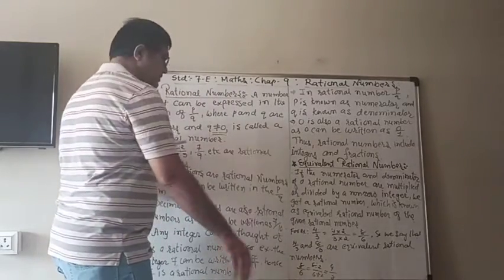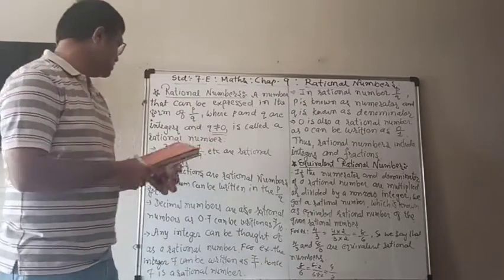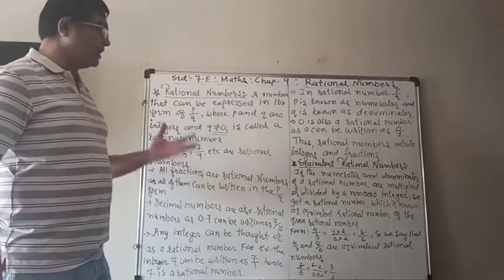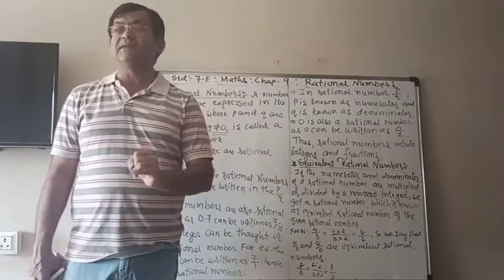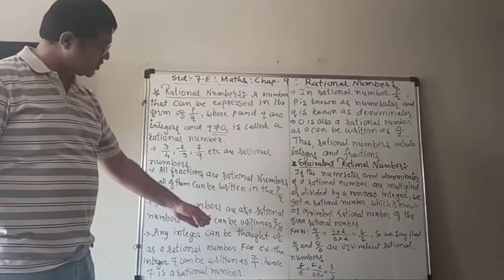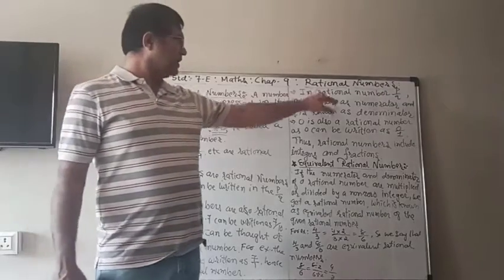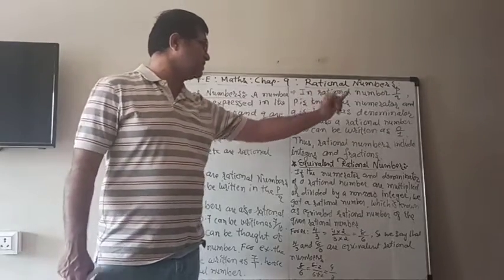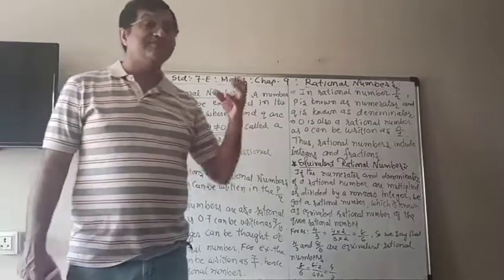But q must be either positive or negative but cannot be 0. And then we saw that for all integers we can put 1 in the denominator. Therefore all the integers are also rational numbers, also the decimal numbers and so on. So p is known as the numerator, q is known as the denominator.